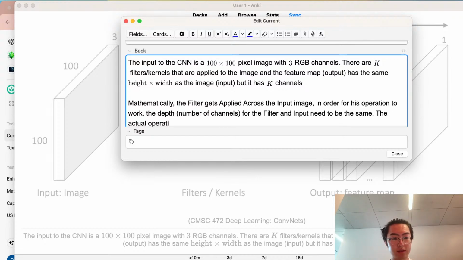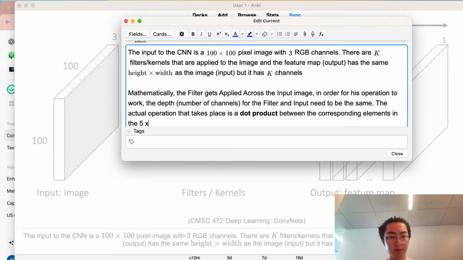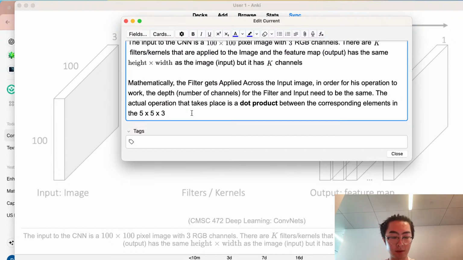The actual operation that takes place is a dot product between the corresponding elements in the 5 by 5 by 3 image filter and the 100 by 100 by 3 image.